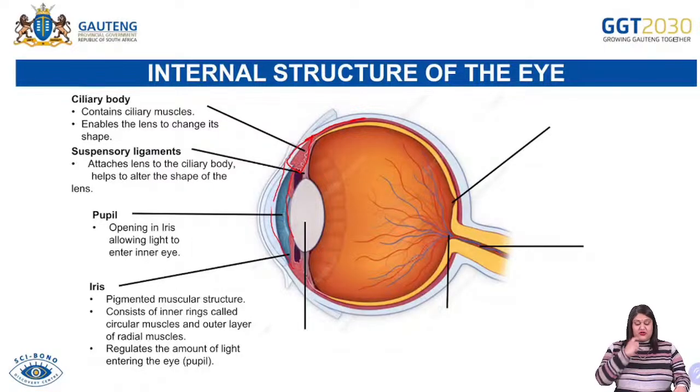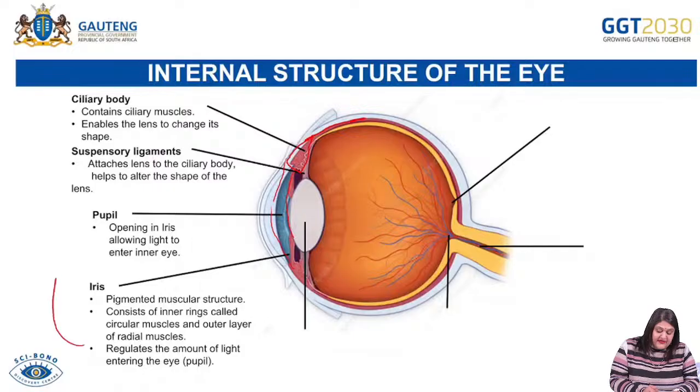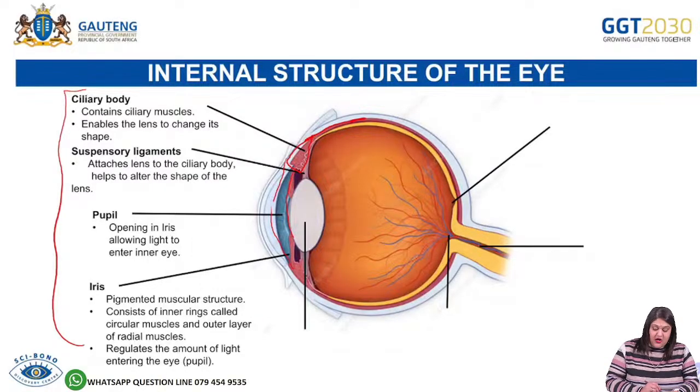Now, what I want you to know is these three, the iris, the pupil, the suspensory ligaments, and the ciliary body. All of these are important for a process that we are going to learn about, which is called the pupillary mechanism.